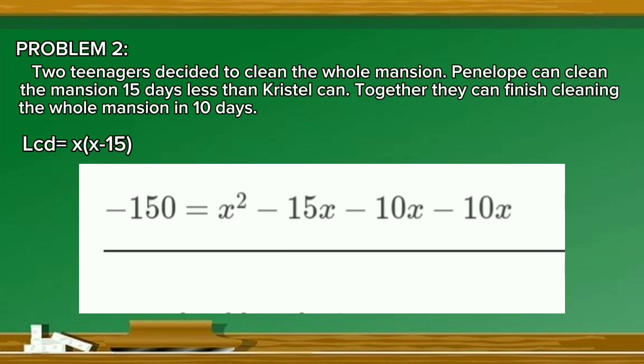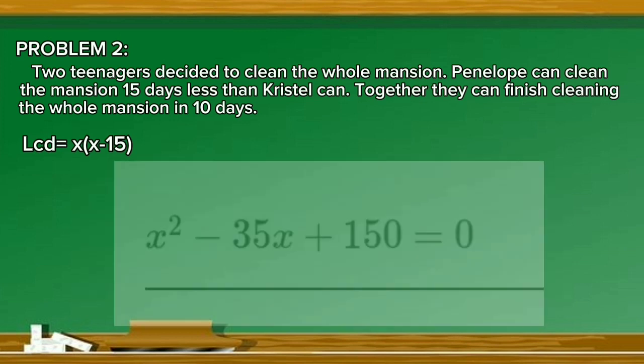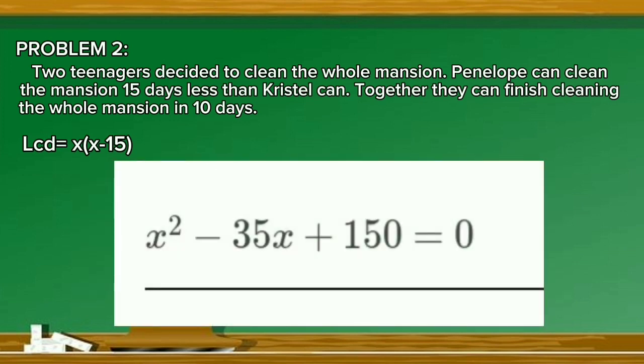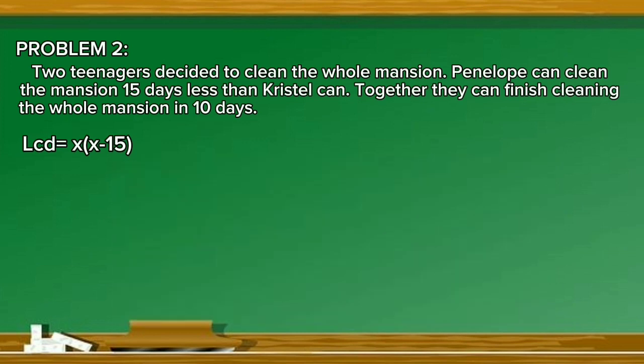We simply transpose it. It will be equal to x squared minus 35x plus 150 equals 0. To solve, we will again use factoring. Then, the quantity x minus 30 times the quantity x minus 5. Just do the FOIL method and it will give you the same answer.